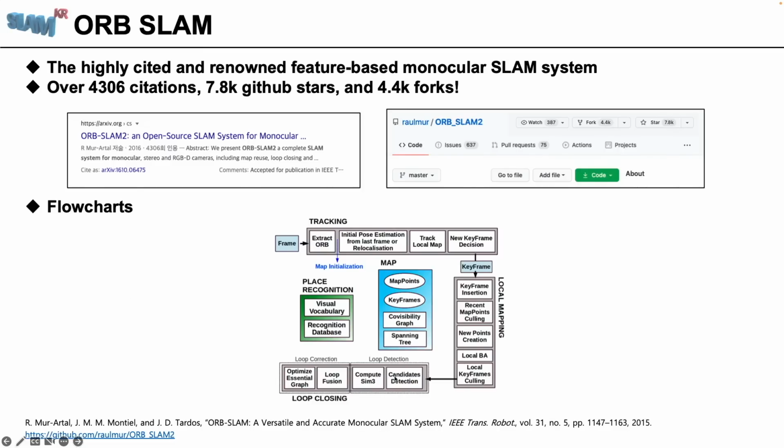The overall flowchart of the ORB SLAM system looks like this. It has three major parts: tracking, local mapping, and loop closing. First, when you get the image frame from the image sensor, the tracking part proceeds first.